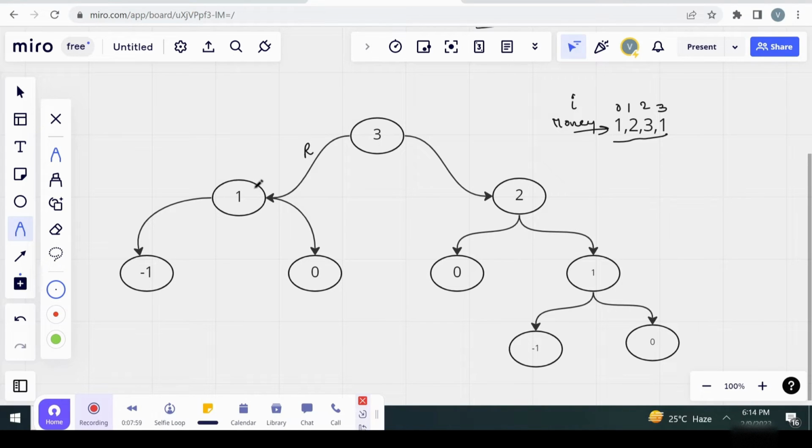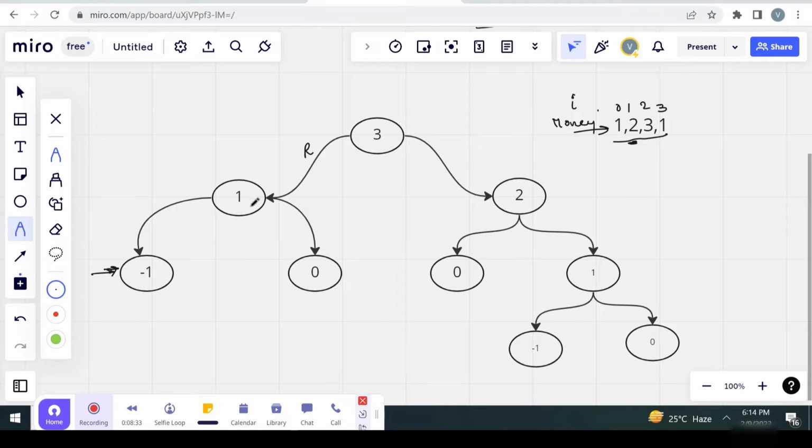Now at index 1, if I rob it, there is no house at I minus 2, so it will be minus 1.